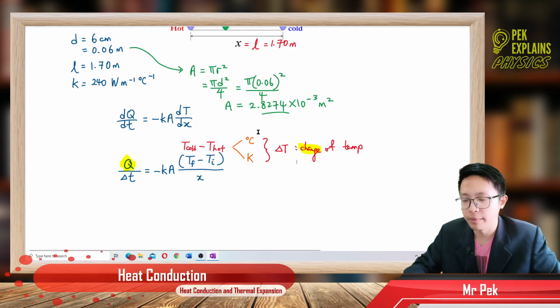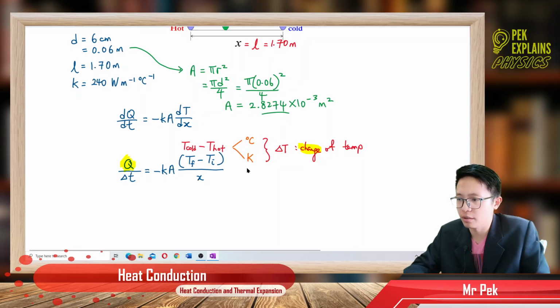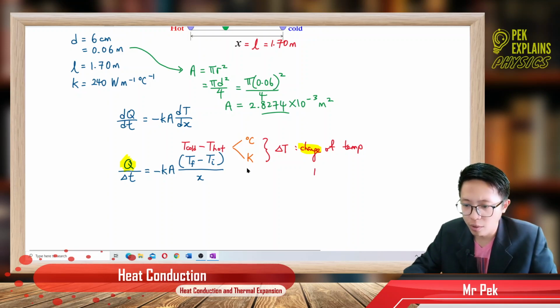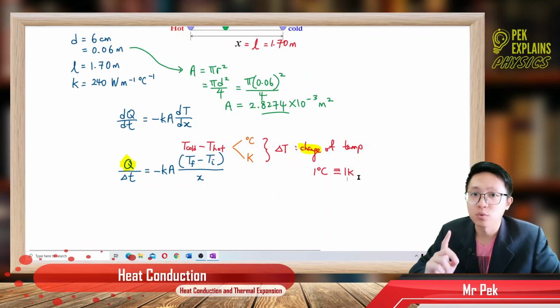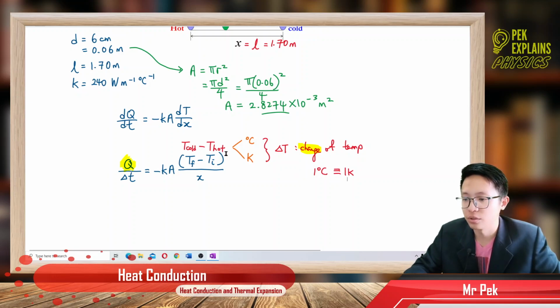You can maintain as degrees Celsius or Kelvin, because the change of temperature of 1 degree Celsius is equivalent to the change of temperature of 1 Kelvin. When the temperature increases 1 degree Celsius, it also increases 1 Kelvin. They are equivalent. So you can maintain as degrees Celsius, no need to change to Kelvin.